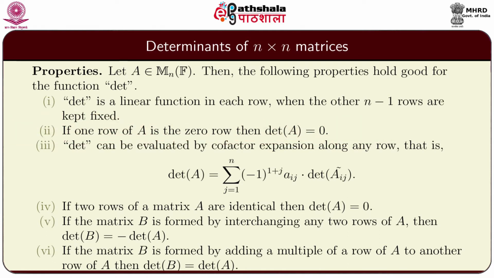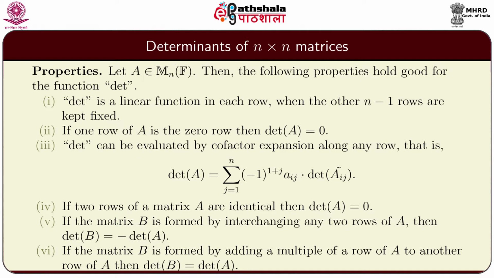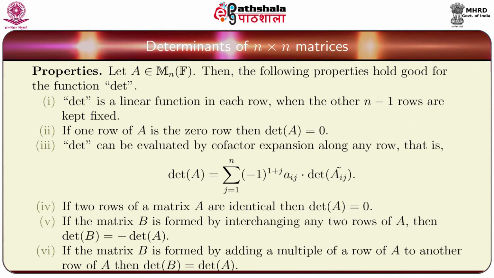3. Det can be evaluated by cofactor expansion along any row, that is det of A is equal to summation j is equal to 1 to n, (-1) raised to i plus j, A_ij multiplied by determinant of capital A_ij tilde.